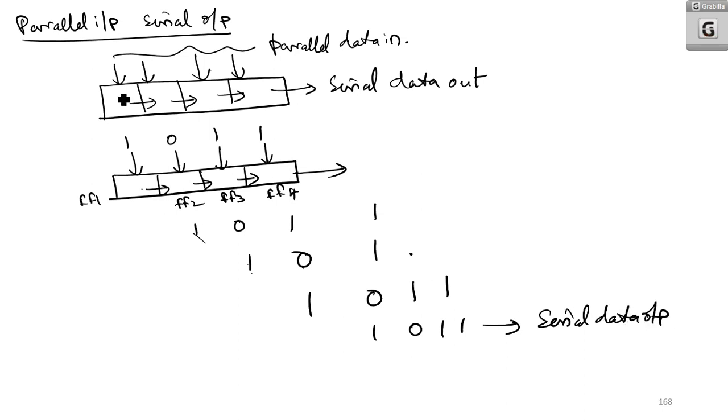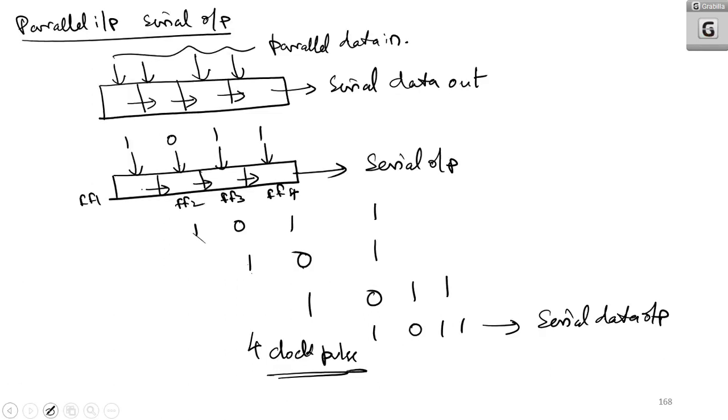In the fourth clock pulse itself, whatever you are given in parallel form, you are getting it in serial data output. That means in 4 clock pulses, whatever data is given in parallel input will come as serial output. So that is regarding parallel input, serial output shift register.